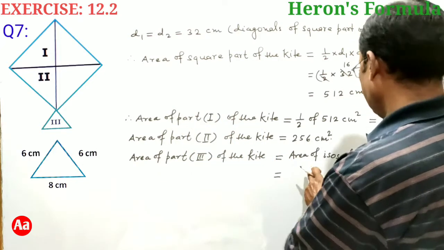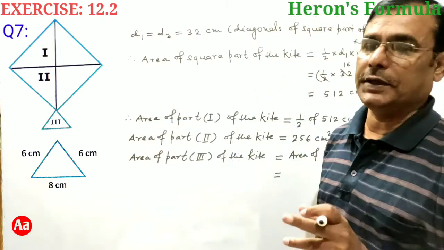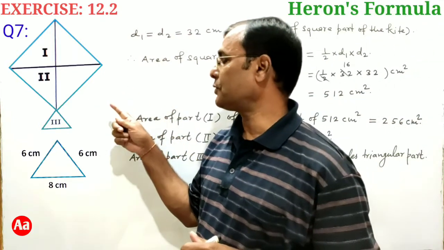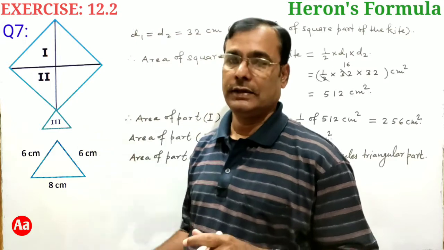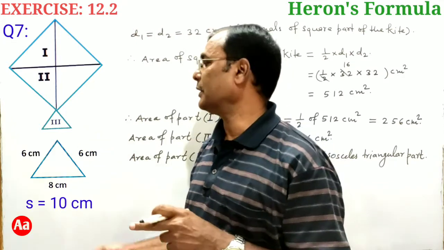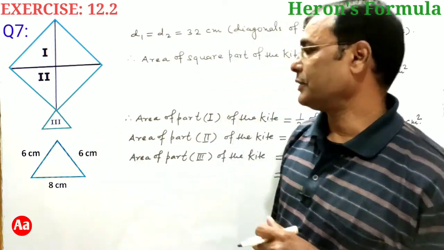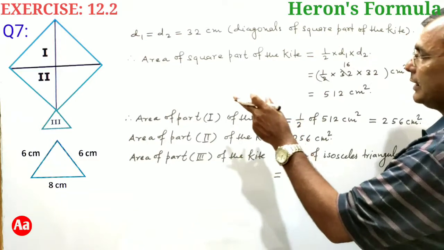To apply Heron's formula, we first need the semi-perimeter. Semi-perimeter means 6 plus 6, 12, 12 plus 8, 20, divided by 2, 10. So 10 centimeter is the semi-perimeter of this isosceles triangular part of the kite.